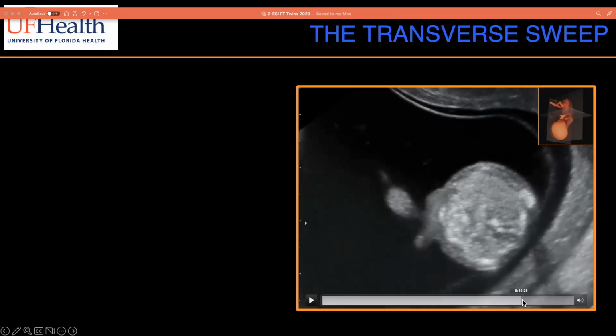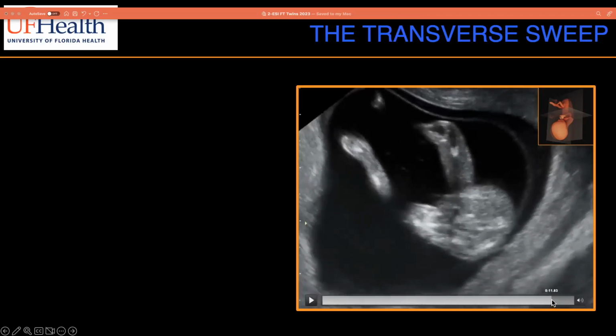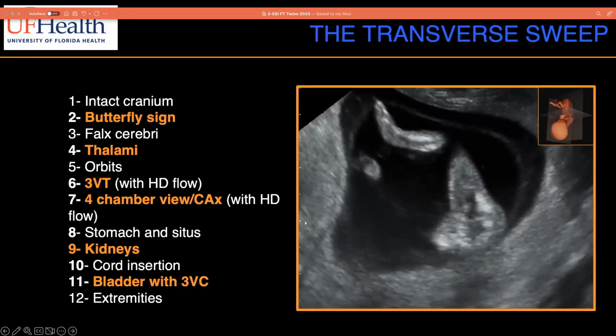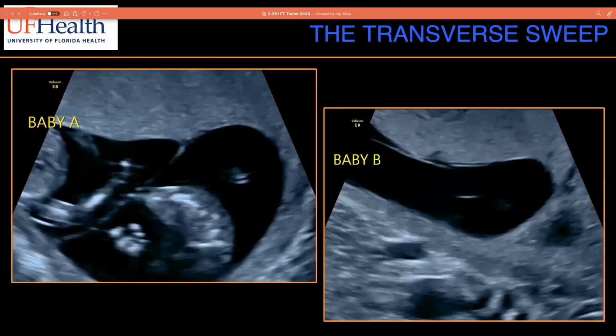And then continuing on down, here is my cord insertion. And continuing on down, here is a little bit of my bladder and the extremities. So in 12 seconds, you're going to be able to see so many of the key anatomic structures in the fetus. And here are just various transverse sweeps.